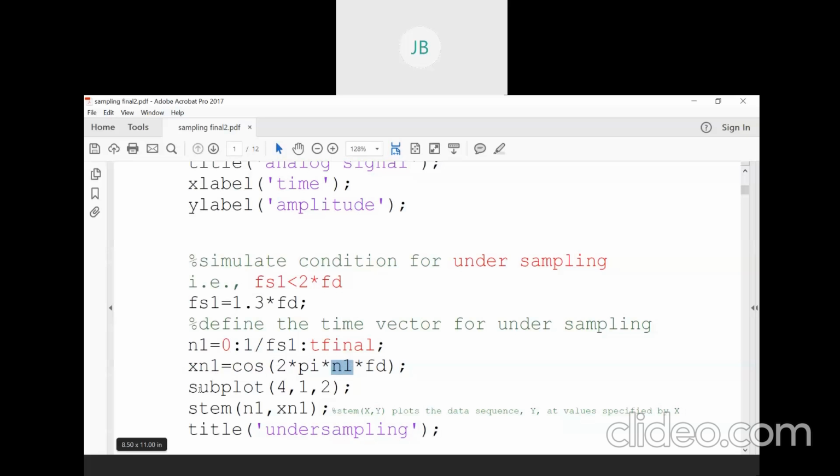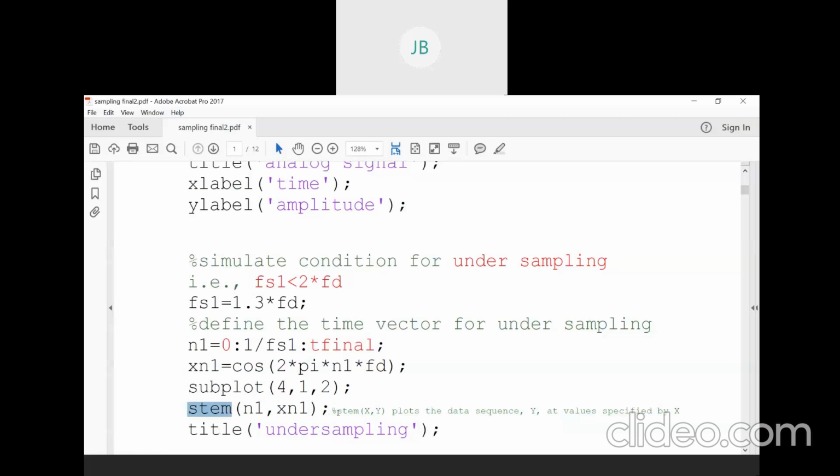And then we are going to plot it as a second plot, that's a subplot in the same figure. So the second subplot is mentioned here, number 2. Since n1 and xn1 are discrete values, we use a stem command. Stem command is to plot the discrete values. For example, for every value of n1, what is the xn1 value? That is plotted with the help of the stem command, because these are discrete values, sampled values.